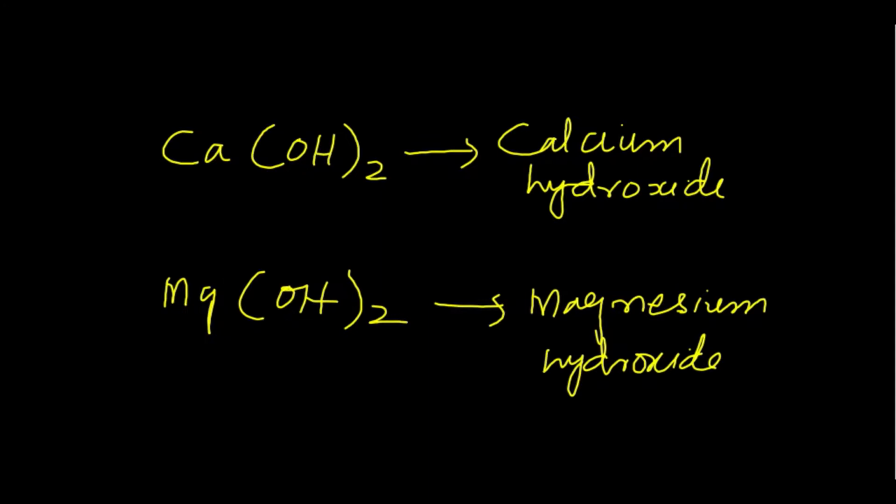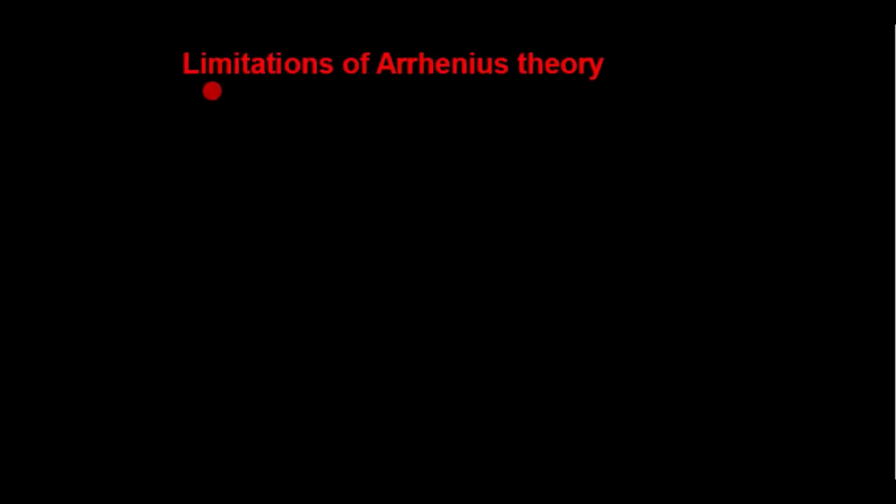Students, I hope the Arrhenius concept of acid and bases and examples are clear to you. We will discuss limitations of Arrhenius theory. Let's start the session. Arrhenius theory just applies to aqueous solutions. It does not explain that sulfur dioxide and carbon dioxide, these compounds, are acidic in nature.